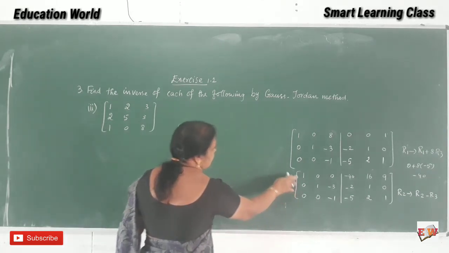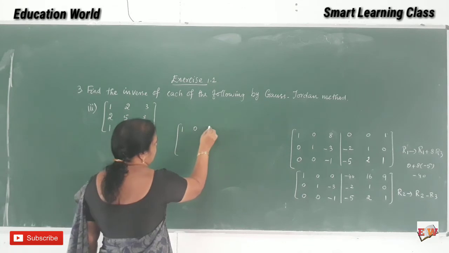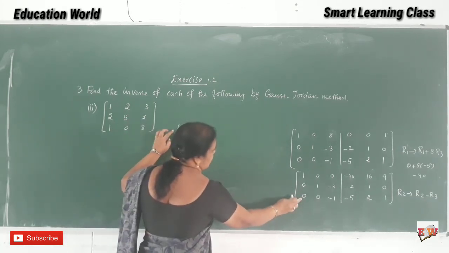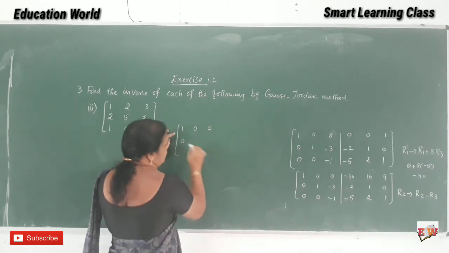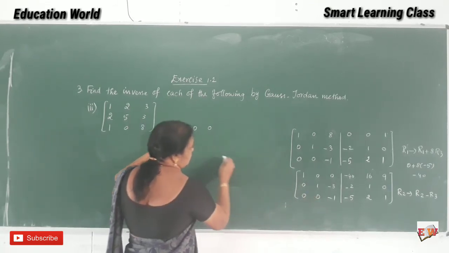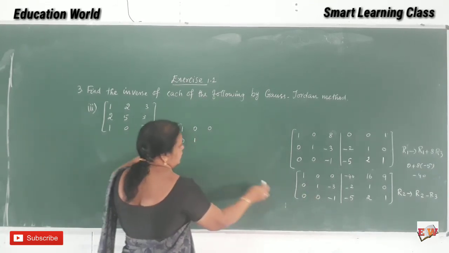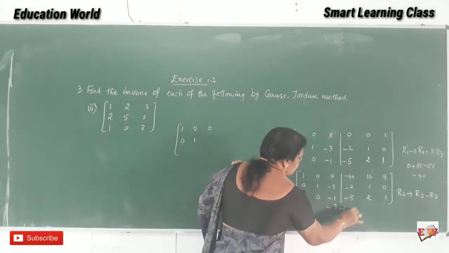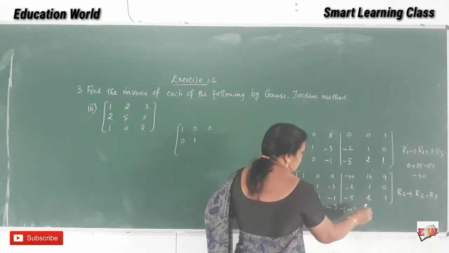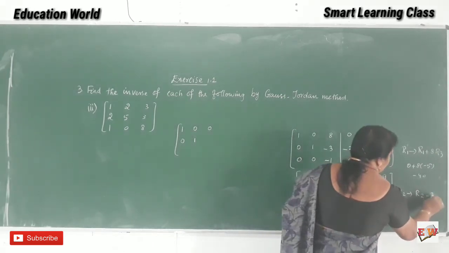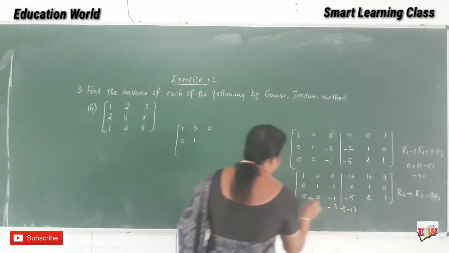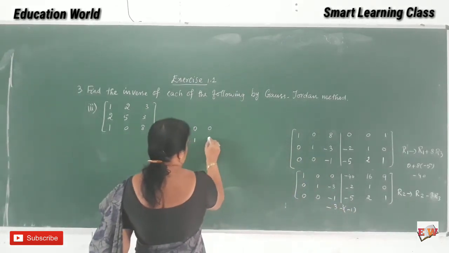First you write R1 as it is. Now R2 minus R3: 0 minus 0, 0. 1 minus 0, 1. Here minus 3, minus of minus 1, so 3 R3. 3 R3 means minus into minus plus. Here we get 0.